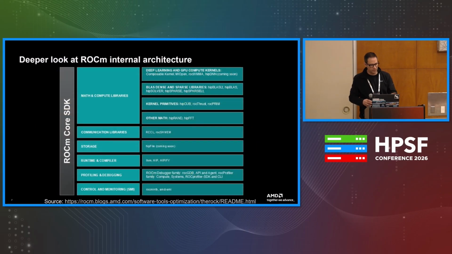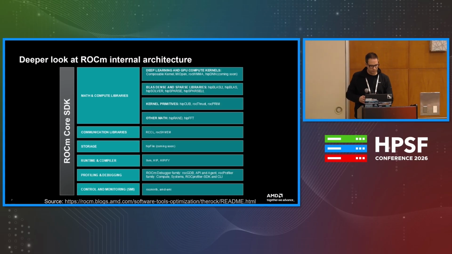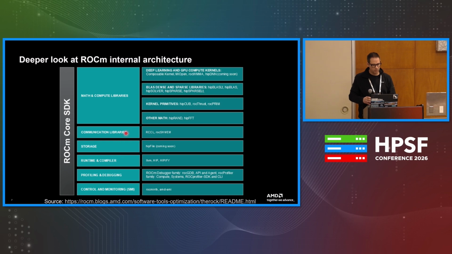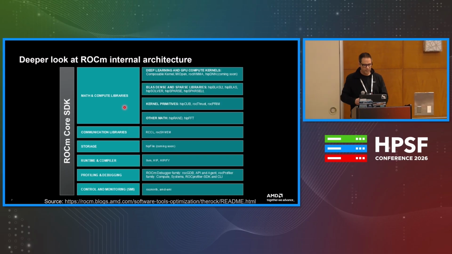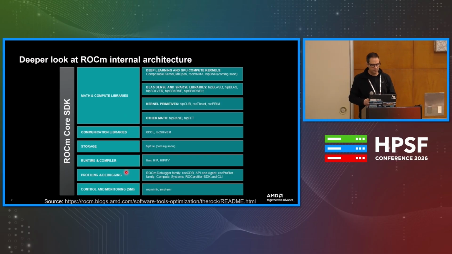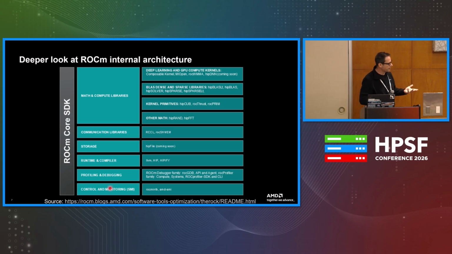So diving a little bit more into the core SDK, what exactly is that? Let's see, if I had a laser pointer here. We can look at, you've got the core, the runtime, as well as communication libraries, so we have RCCL and so forth, all the math and compute libraries, so the different solver libraries, and profiling and debugging, and as I mentioned before, ROCm SMI and AMD SMI.